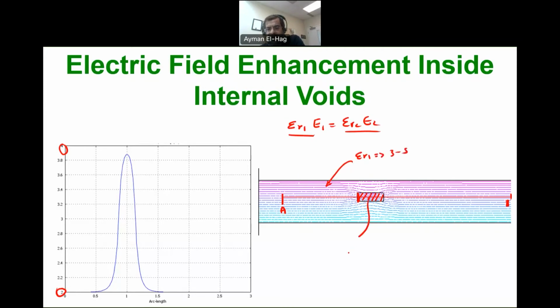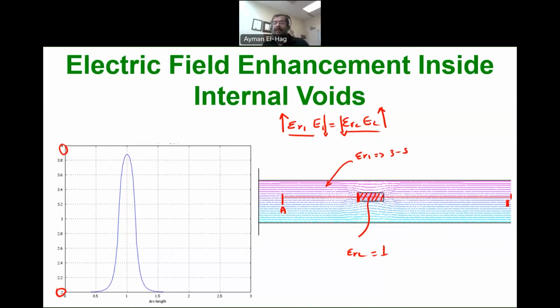And for air, epsilon R2 will be around 1. So the dielectric constant of the polymeric material is larger than that of air, which results in field enhancement inside the void: E2 will be higher than the electric field in the bulk of the material.